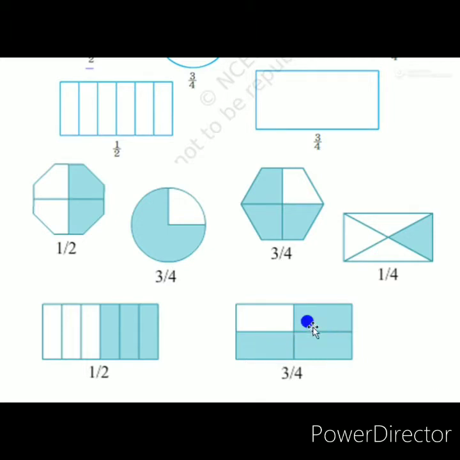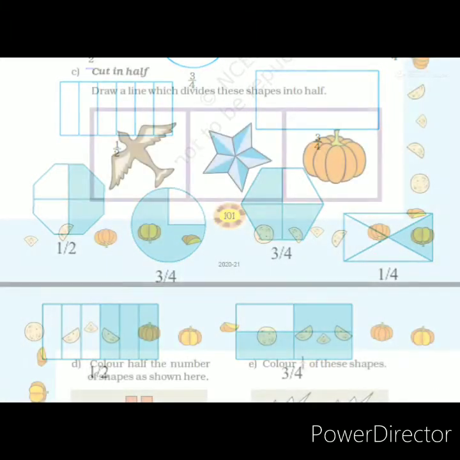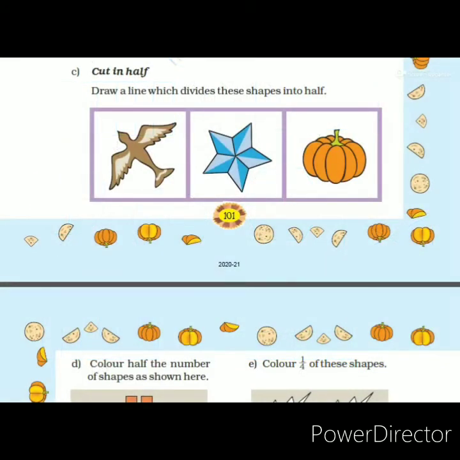Now the question C. Cut in half. Here we have been given 3 pictures. First one is a bird, next is a star, and third one is a pumpkin. These 3 pictures we have to divide into equal halves. Draw a line which divides these shapes into half. To divide this bird into equal halves, what can we do?